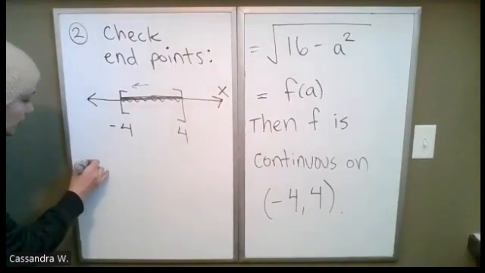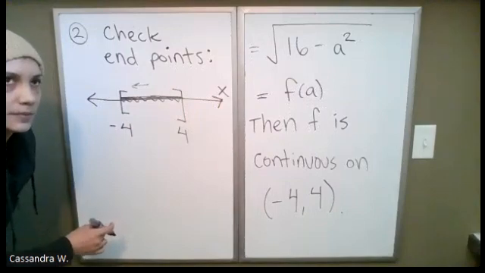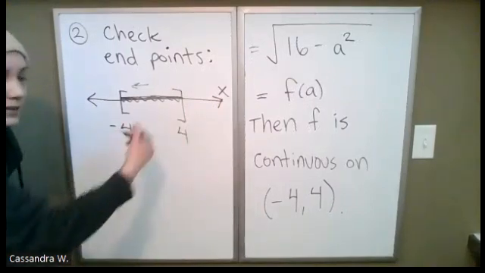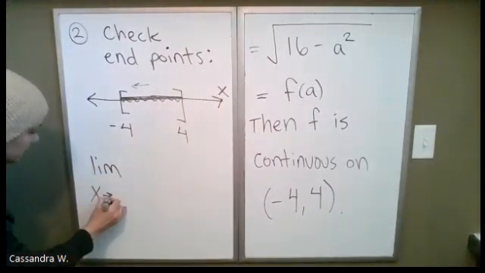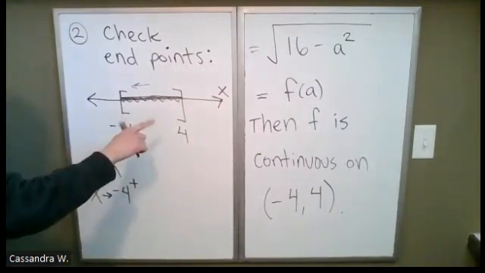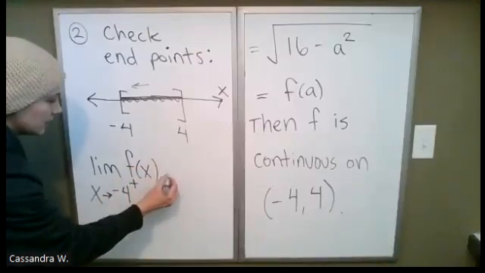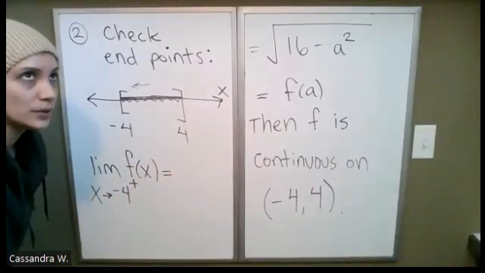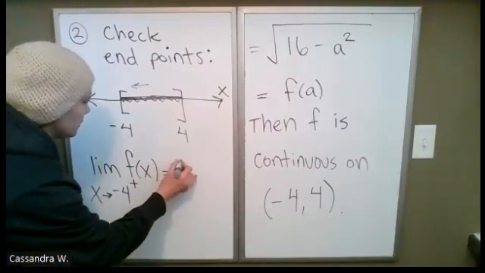So I'm going to show, this is like number 2, part A, the limit as x goes to -4 from the right of your function f of x would be equal to, we want it to be equal to f of -4, and that way it would be continuous.